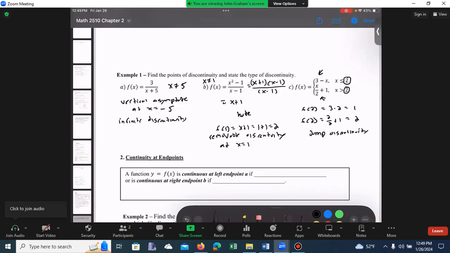The graph would jump from one spot to another spot, where you have to pick up your pencil to draw it. A lot of times this happens with piecewise functions. We can graph it to show it.